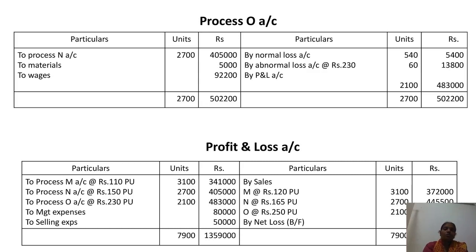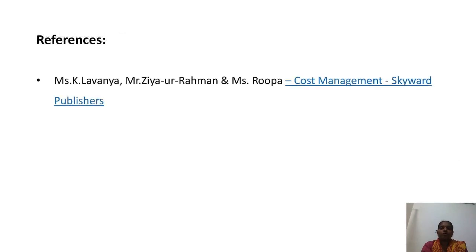On the credit side also we have 7,900, but there is some variation in the amount column, and that variation should be considered as the net loss. If the amount comes on the credit side, that should be considered as net loss. If the amount comes on the debit side, that should be considered as net gain. In the same way, we have to work out the other problems by referring to this text or website.